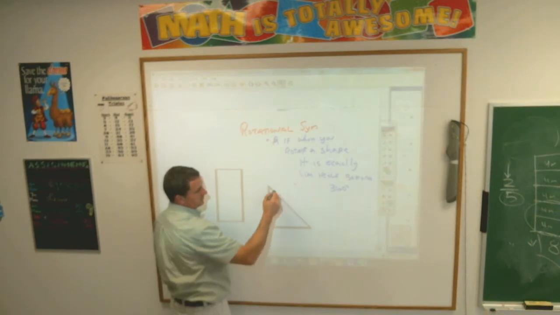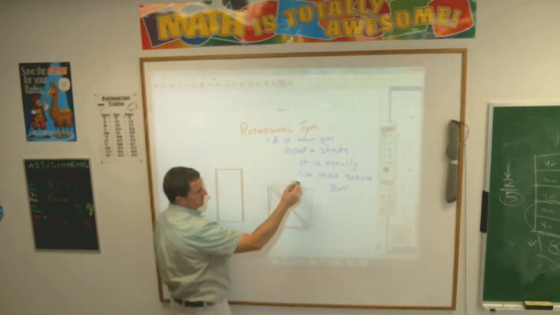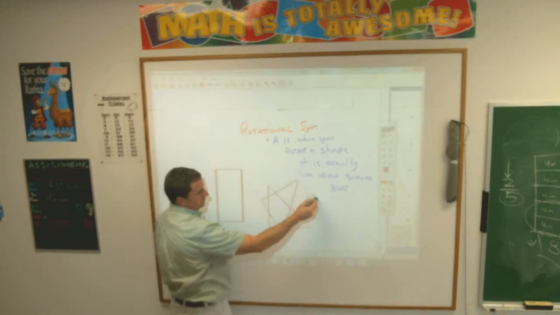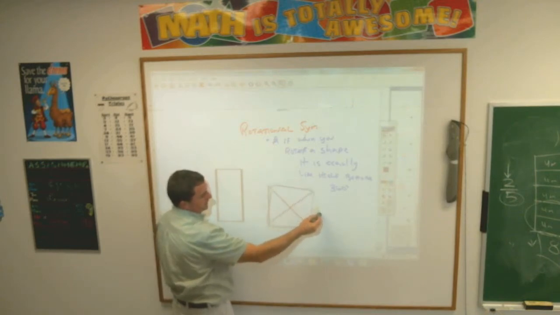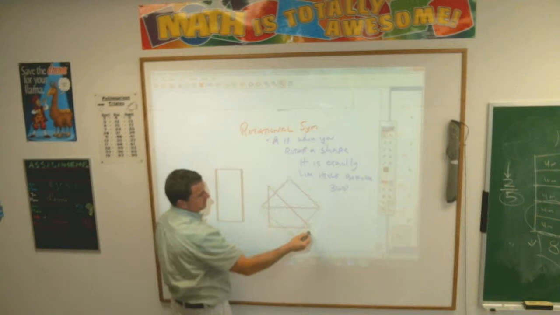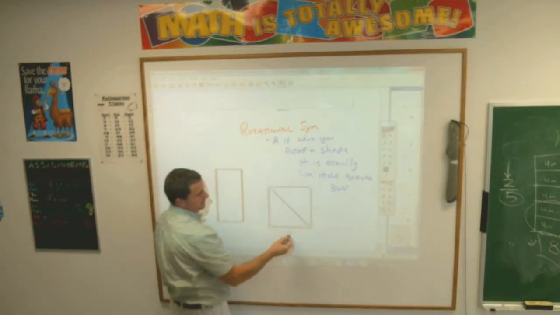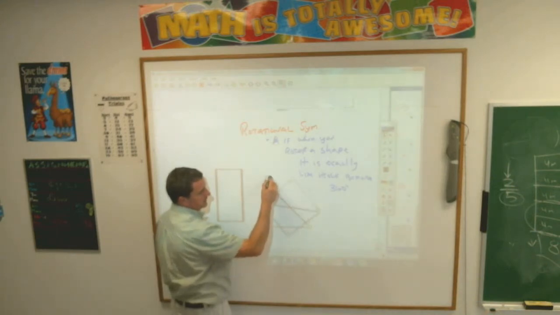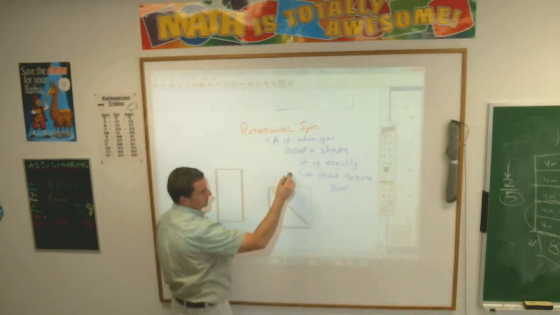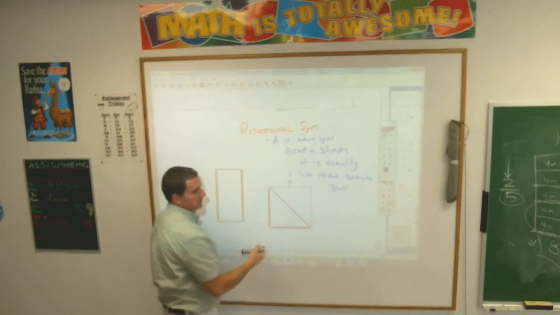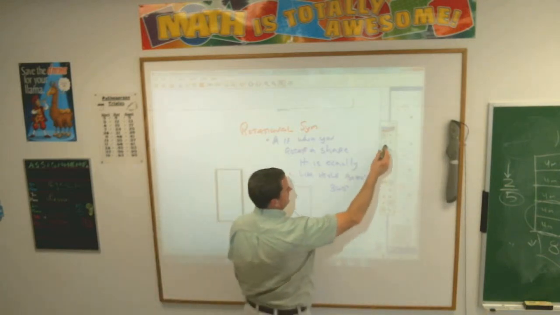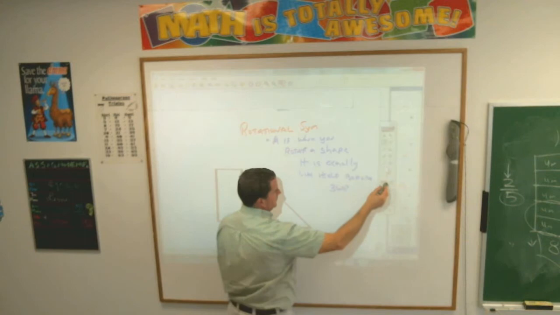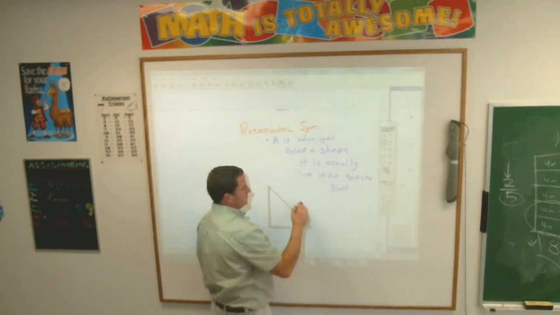As you spin it, does it become itself ever in this whole time, except when it gets all the way back? Does this have rotational symmetry? No. This one did not. No rotational symmetry for you.